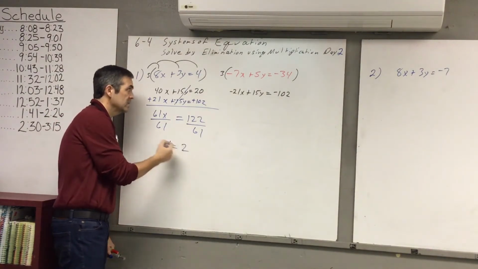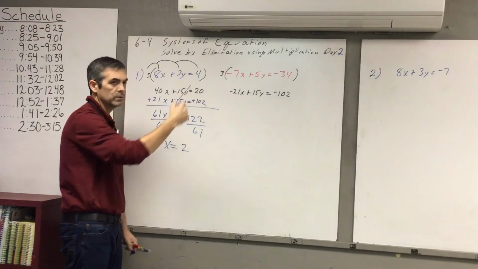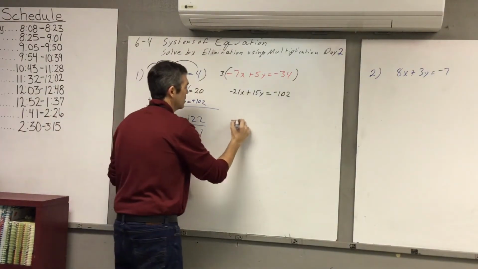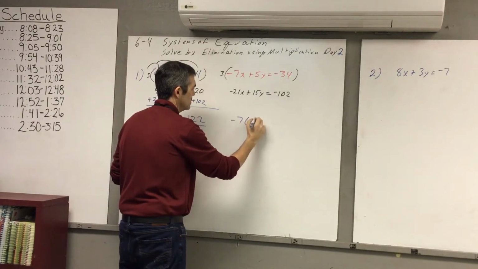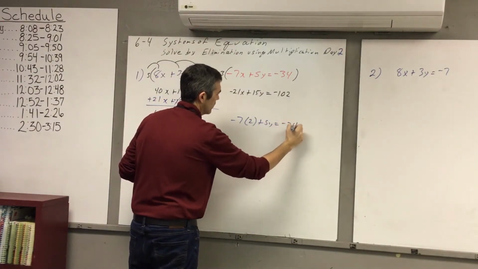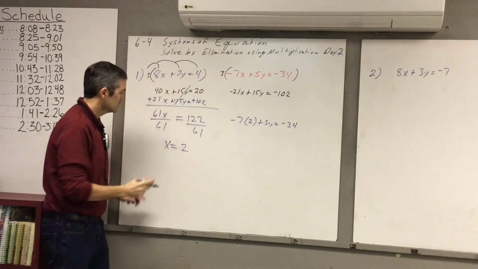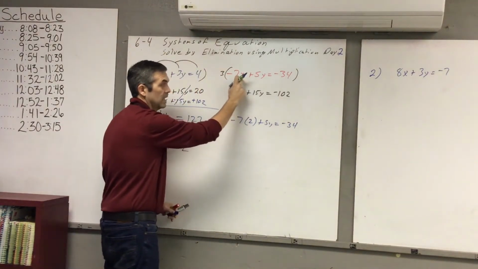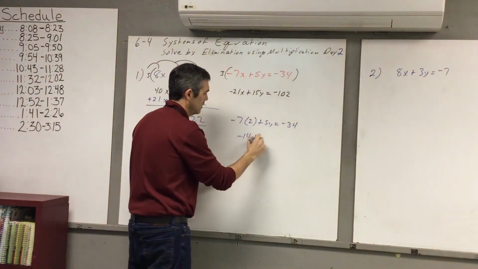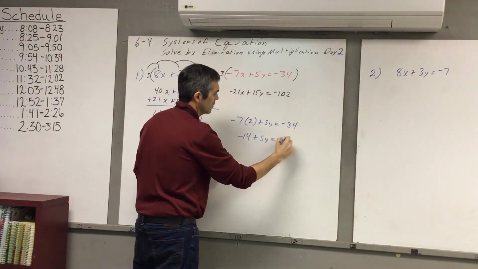Now we take this, substitute it back into one of the original equations, and solve for y. So negative 7 times 2 plus 5y equals negative 34. All I did was take the 2 and plug it into the x, substitution. So negative 14 plus 5y equals negative 34.